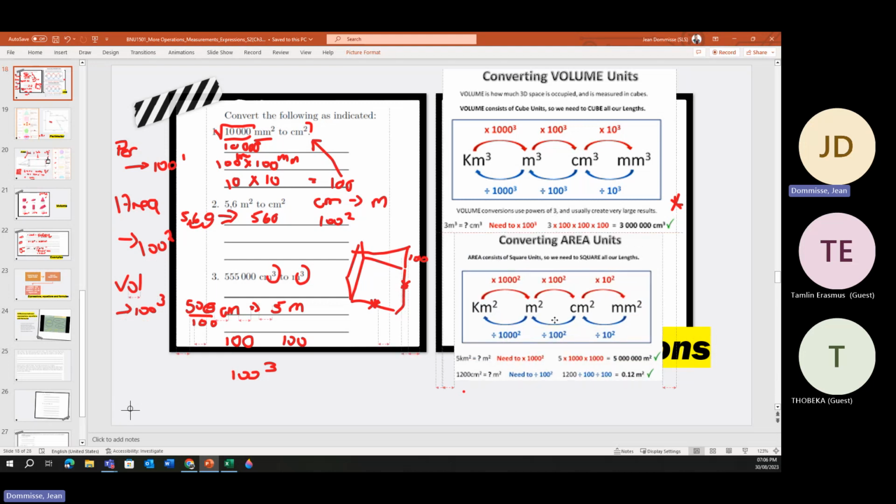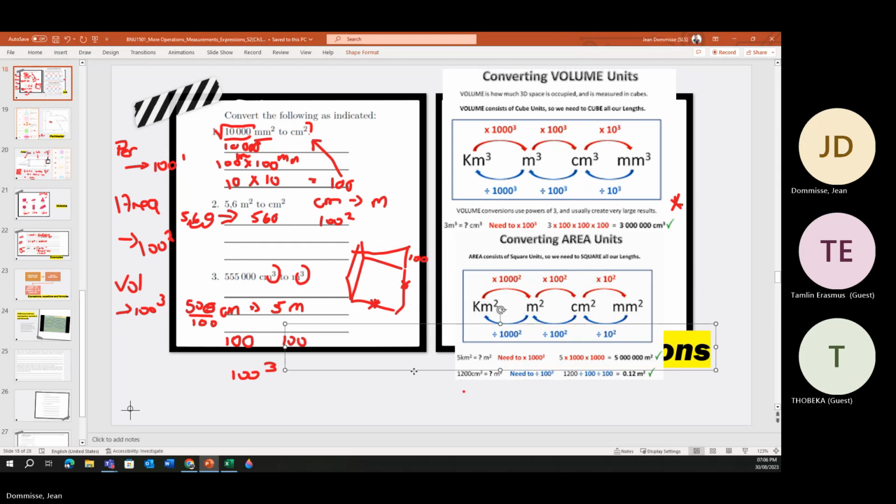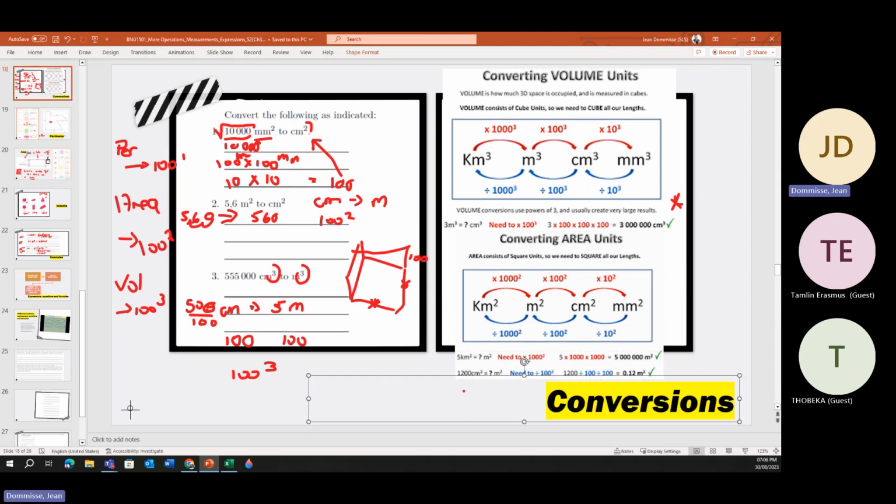So that you can see when we need to convert the one, where we convert to, and if we convert the second one. So if it's area conversion, it's 100 to the power of 2. If it is the cubic, it is 100 to the power of 3. So if we convert kilometers to meters, 1,000 to the power of 3, 1,000 to the power of 2.